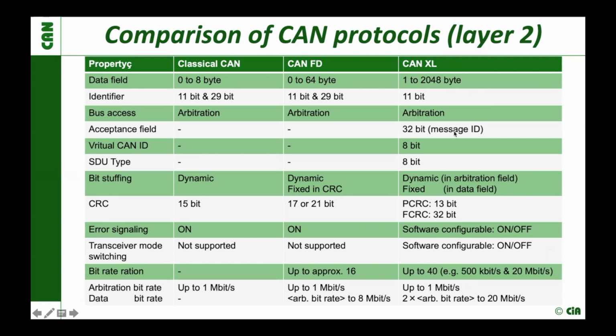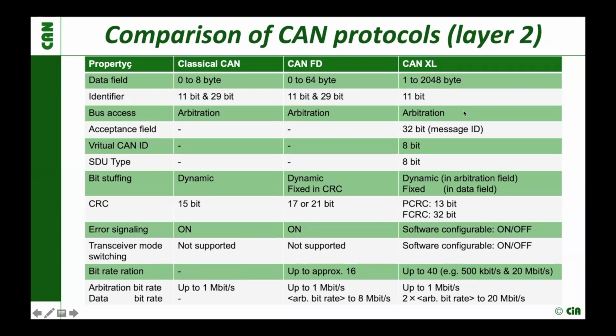In classical CAN and CAN FD, the CAN ID is used for both arbitration and addressing purposes, and they have the options of 11-bit or 29-bit. But in CAN XL, these functions are separated.